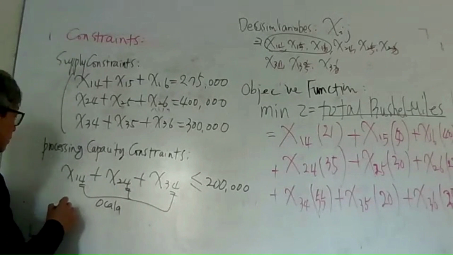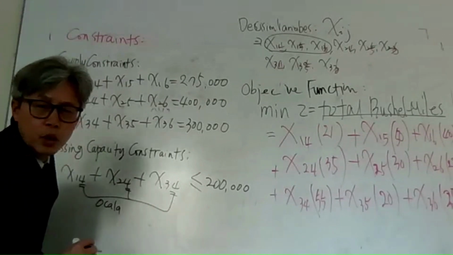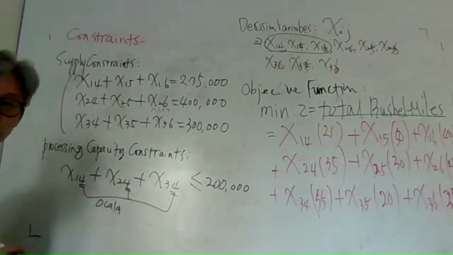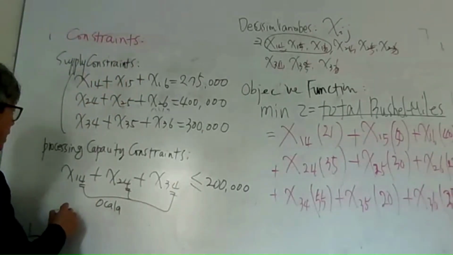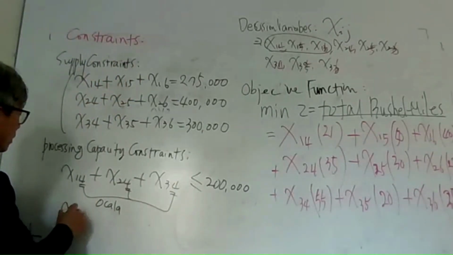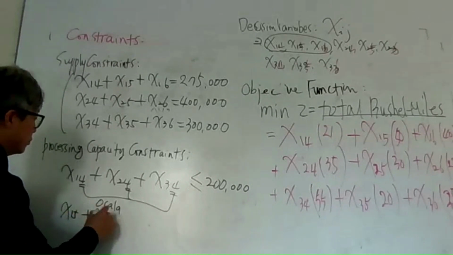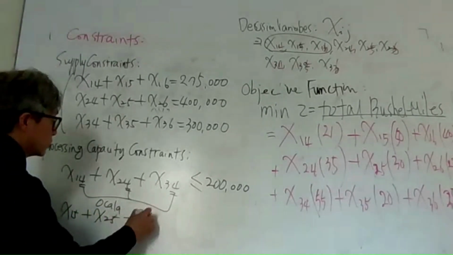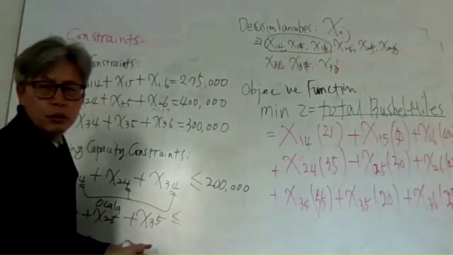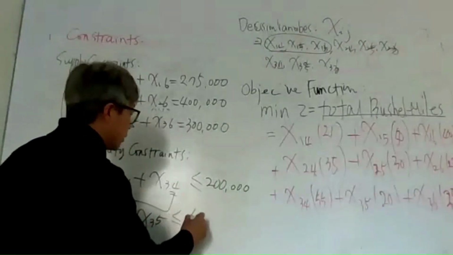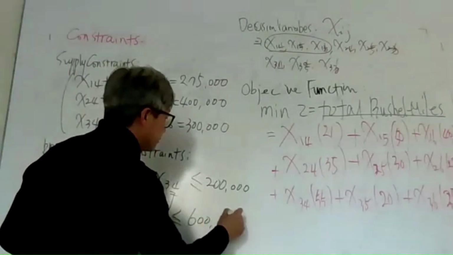Now the second processing plant in Orlando would be x15 plus x25 plus x35 should be less than or equal to 600,000 bushels.